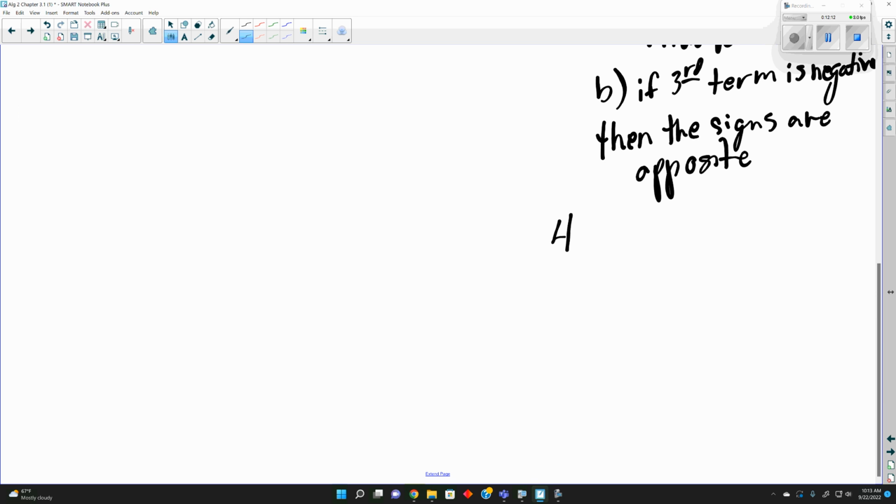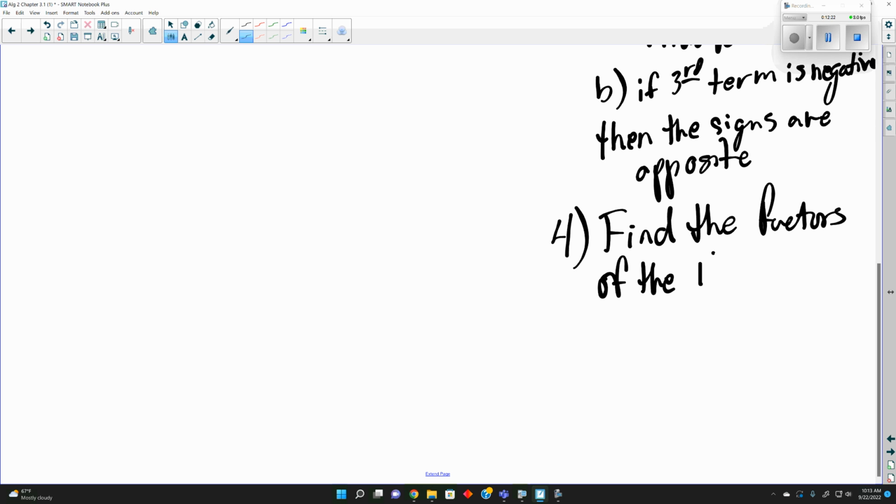Fourth step: find the factors of the first and third term.